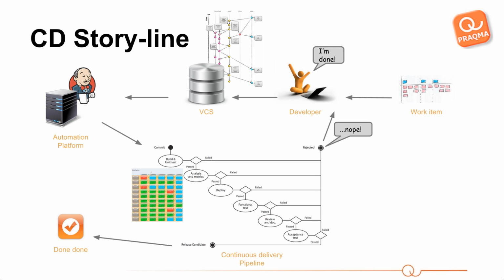It's important to understand that there are no fast tracks or hot fixes in this setup. These terms are simply erased from our vocabulary. We don't use them. There's only one way to get something out to the customer, and that is to give it a ride through the pipeline. If you cannot get it through the pipeline, then you're not done.